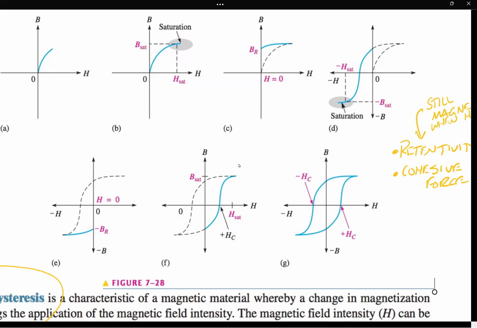So it's not about just being a magnet. It's about magnetizing and unmagnetizing, magnetizing and unmagnetizing. Now, why do we magnetize and unmagnetize? We magnetize and unmagnetize because we actually change current.